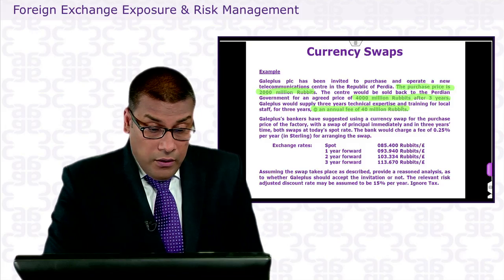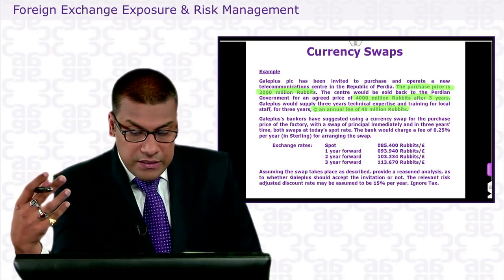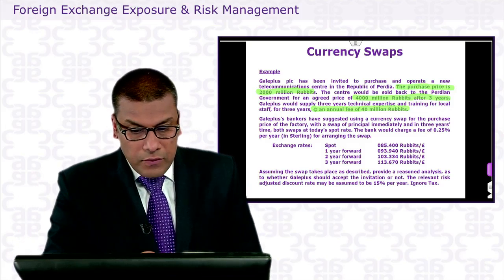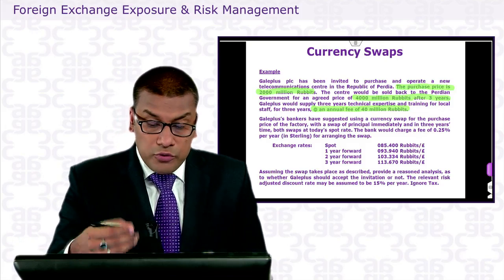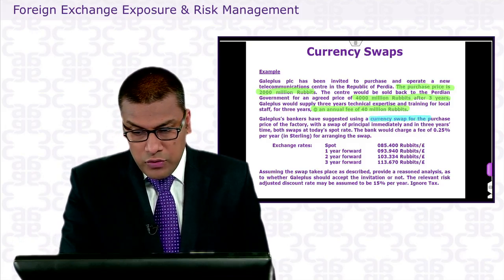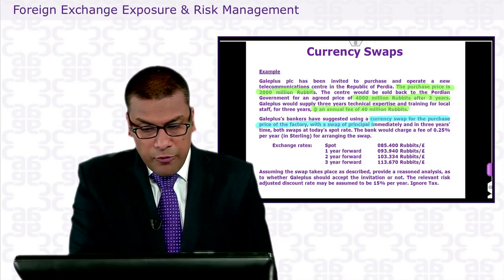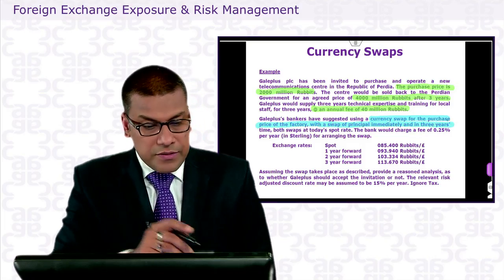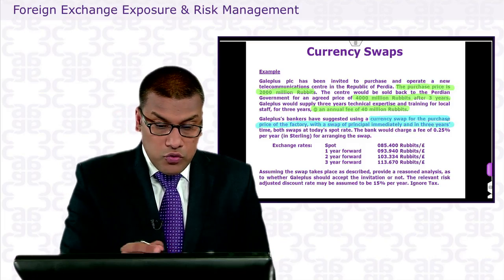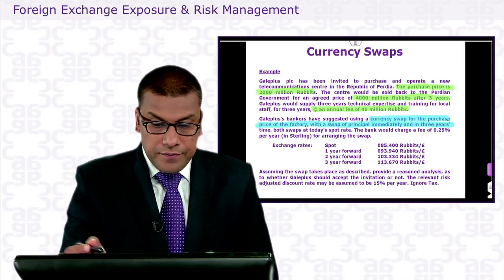Galplus's bankers are suggesting that the firm should use a currency swap for the purchase price of the factory, with the swap of principal immediately and in 3 years' time. Both swaps are at today's spot rate.